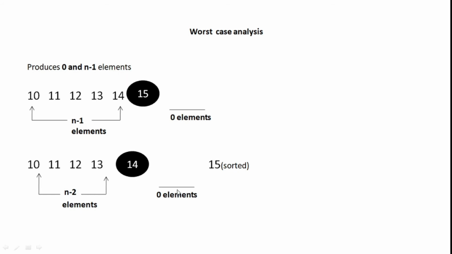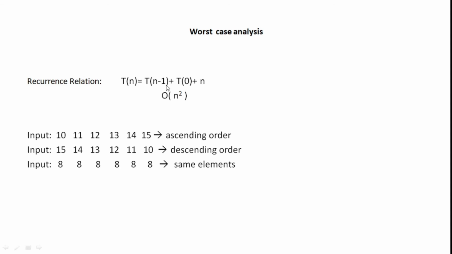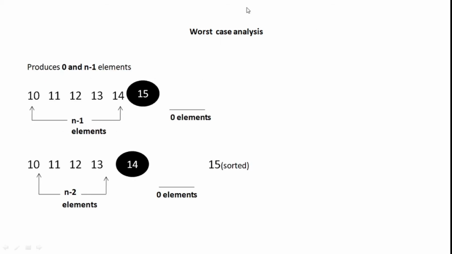And to the right of 14 again we don't have any element because 14 was the only one which was greater among these, and 15 was already sorted. So now this again is going to have the same time complexity, like n minus 1 and 0, because this 14 has right side value which is 0.